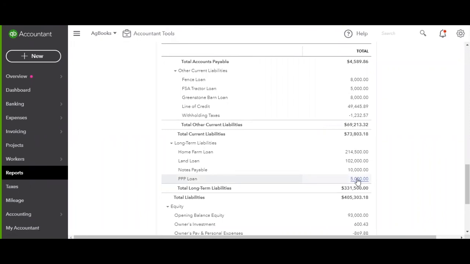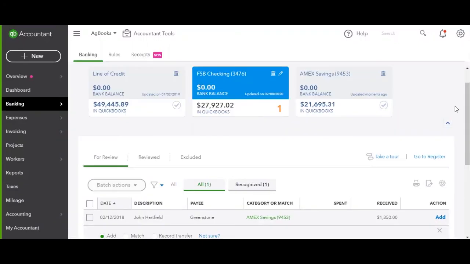So they forgave $20,000 of it. We still have that $5,000 left. So that is how the bookkeeping goes for that loan. Then obviously those payments that you make on that would go towards this. I hope that makes sense. And if you have any questions, just let me know.